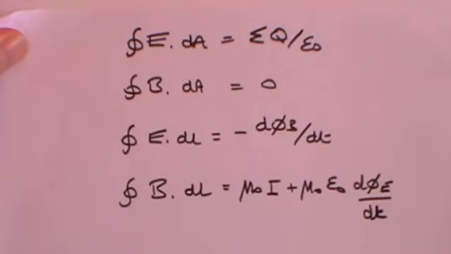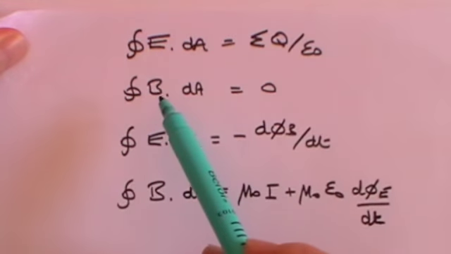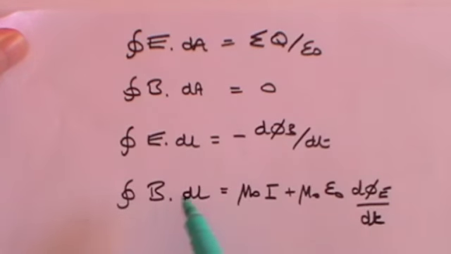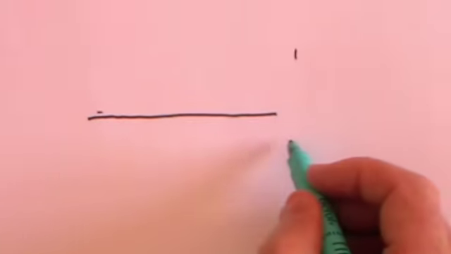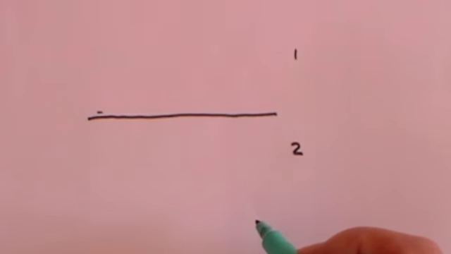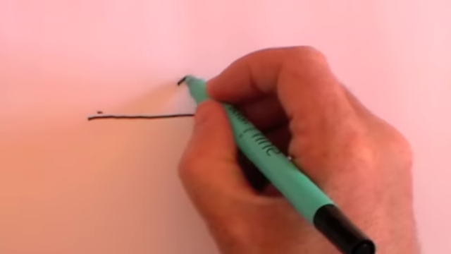Now we need to do the same thing for the other two equations which deal with the magnetic field. We've got a B.dA and a B.dl equation. And just as we did with the electric fields, we can take our surface between our two dielectrics, 1 and 2, and now instead of considering the E field, we can consider the associated B field.